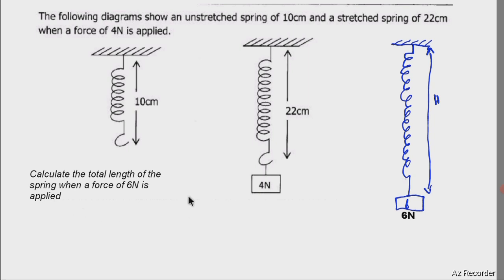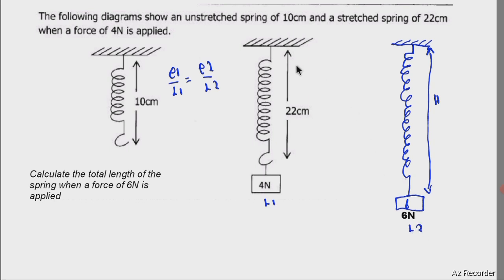Right, so what we're going to do here, we must use the formula. The formula is given as extension 1 over load 1 is equal to extension 2 over load 2. So we can call this load 1, this one load 2.